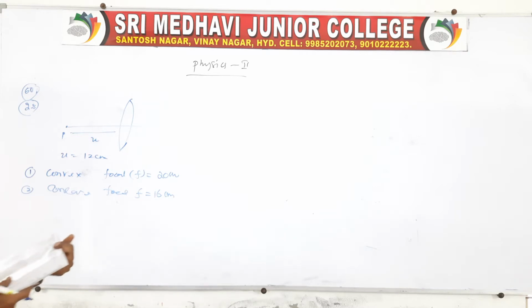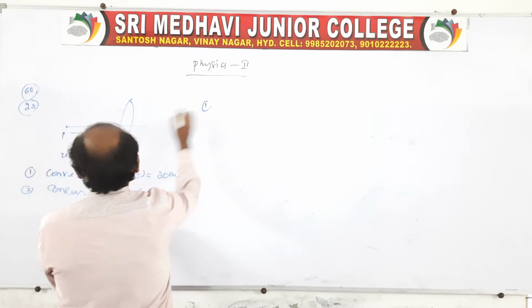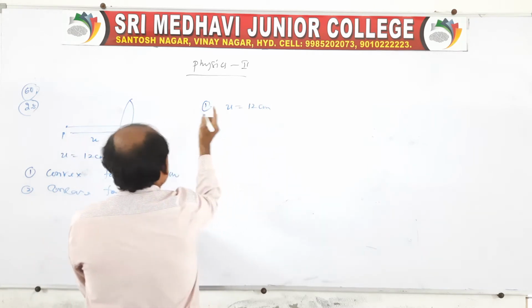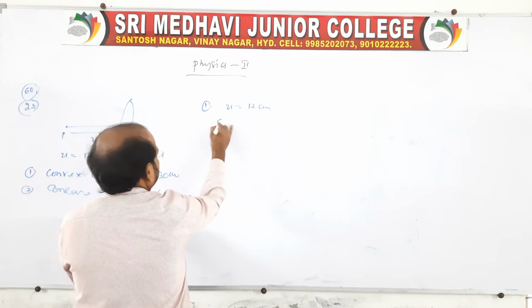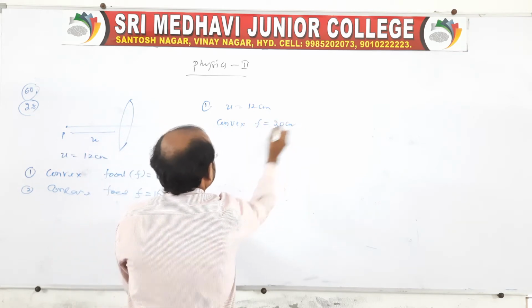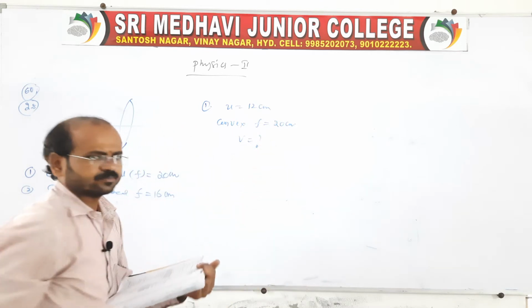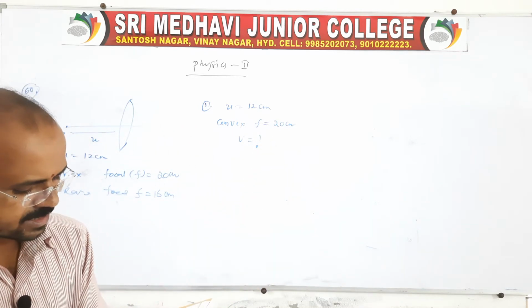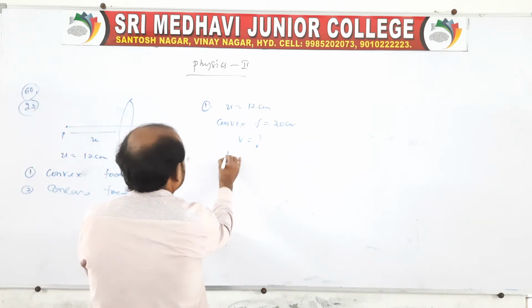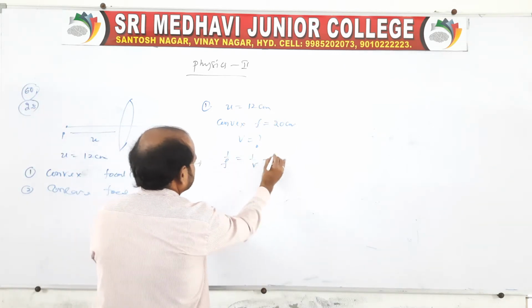So use this information. First you take object distance u is equal to 12 centimeter. For the convex lens you take focal length equal to 20 centimeter. Now find the image distance, that's it. The image distance is what is asked, no? For this information, you take 1 by f is equal to 1 by v minus 1 by u.